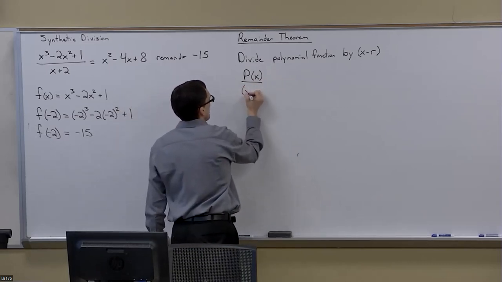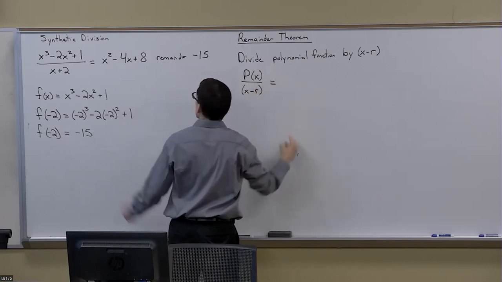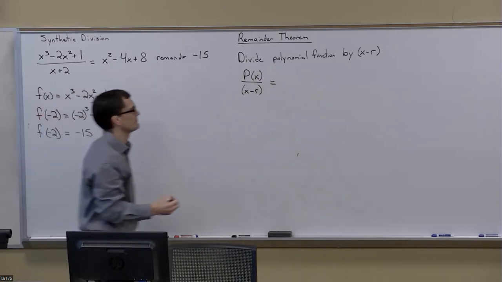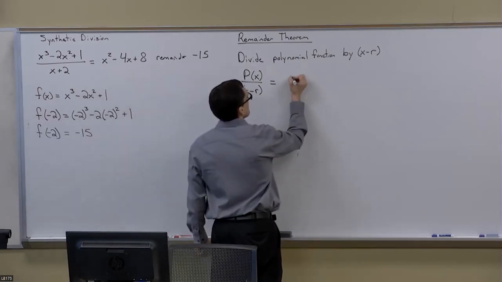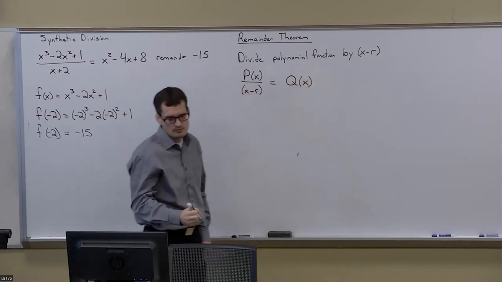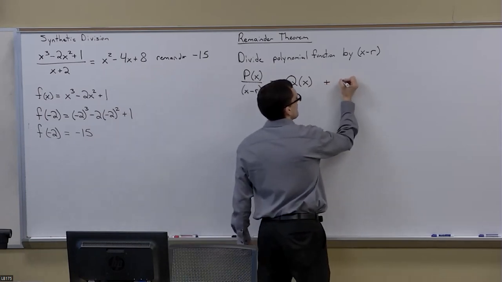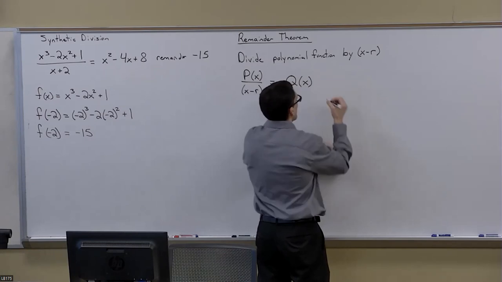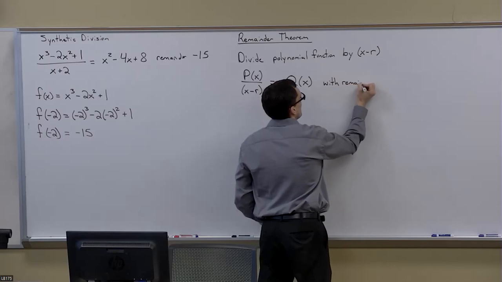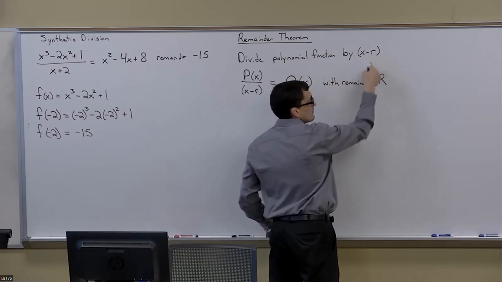So we're going to divide that polynomial function by x minus r, and we're going to get some other polynomial, like this piece, with a remainder. So I'm going to get q of x, called q because it's the quotient, plus, or let me rewrite this, with remainder capital R. Be careful, these are not the same numbers.